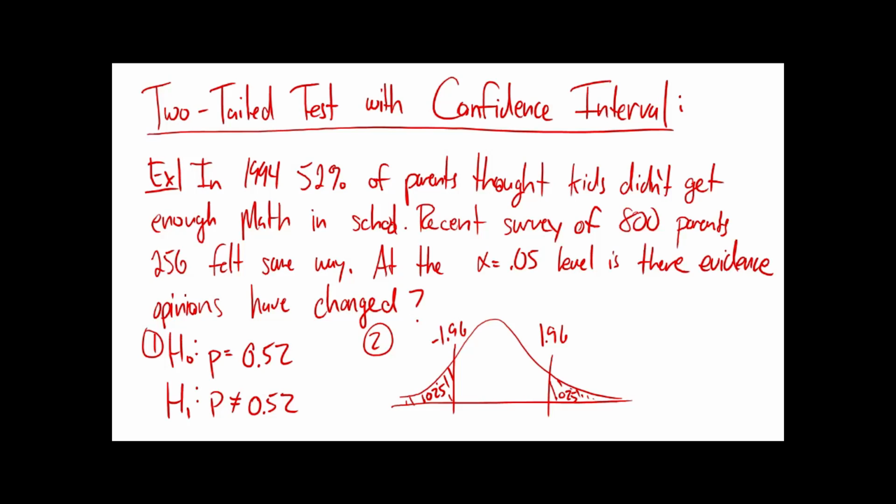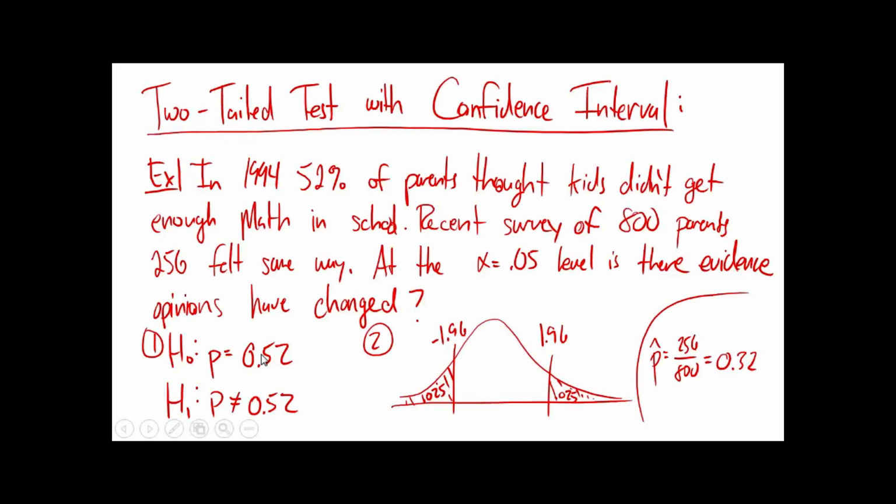And then if we did our test, we would go get our test statistic. So what is our p hat here? Yeah, it's 256 out of 800, and that comes out to be 0.32. It looks like the percentage of parents has dropped. So that's our p hat. Then we could get our z statistic.